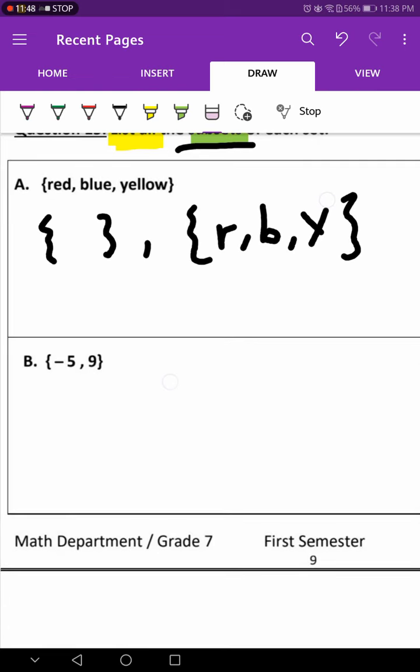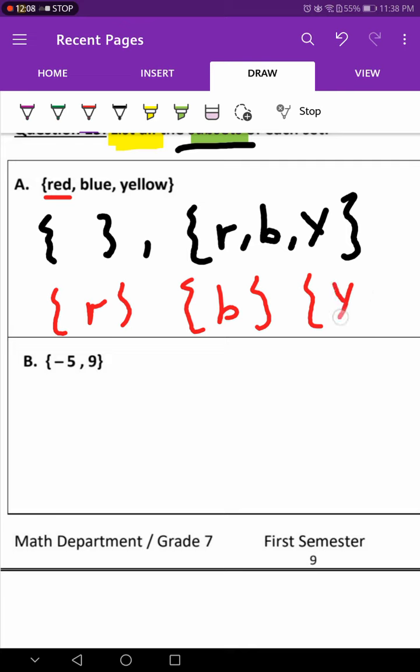Now you write the red alone in one subset, and the blue alone, and the yellow alone. Then I take one by one.